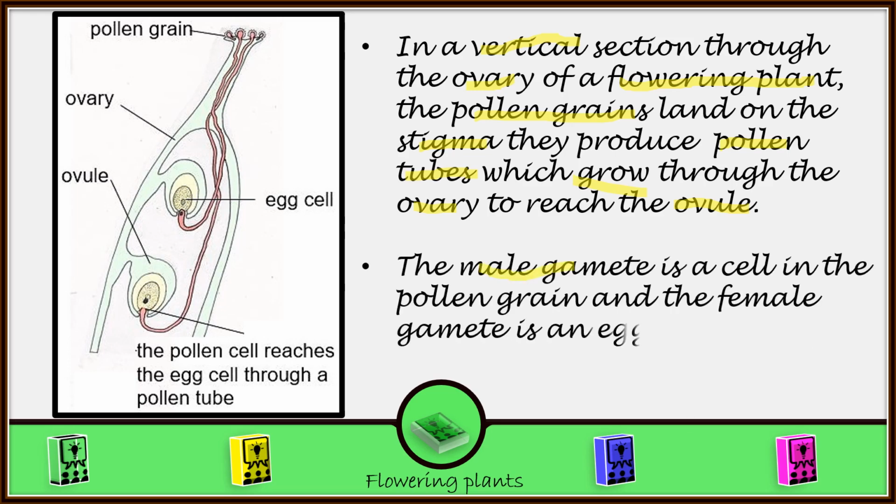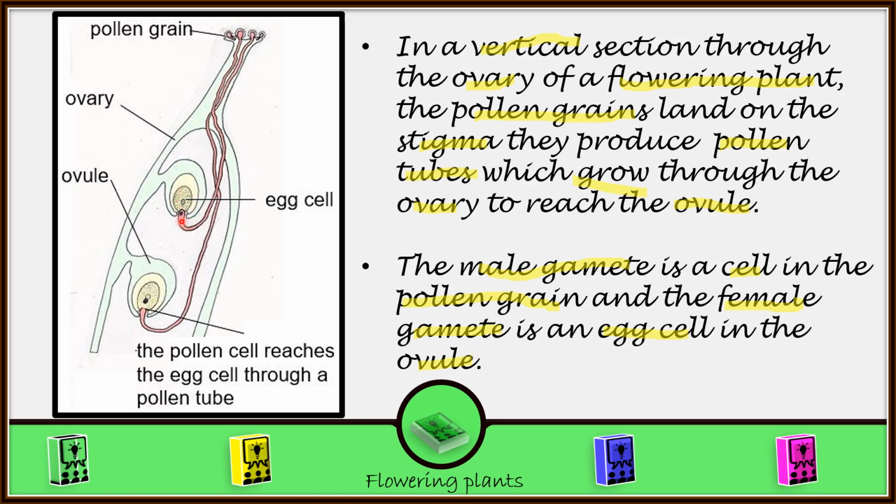The male gamete is a cell in the pollen grain, and the female gamete is an egg cell in the ovule. So the male gamete is coming with the pollen tube. The pollen tube is growing from the pollen grain, bringing the male gamete to the ovule, which contains the female gamete, which is the egg cell.